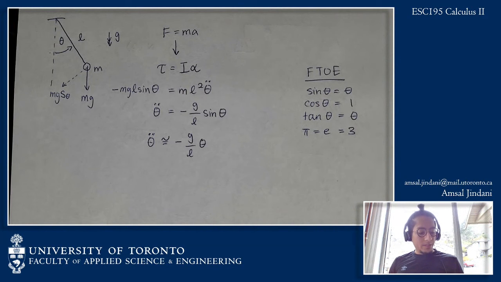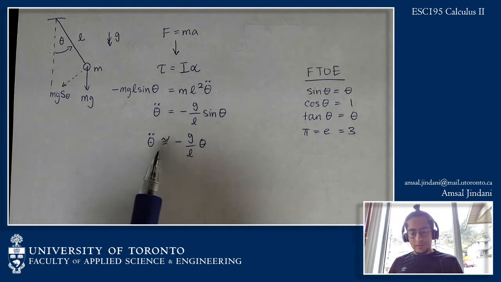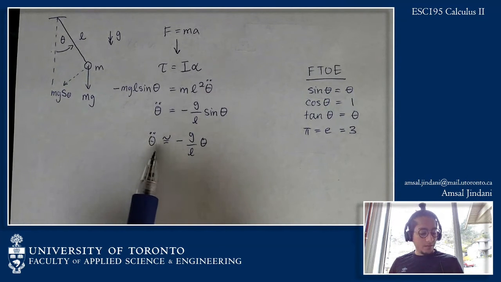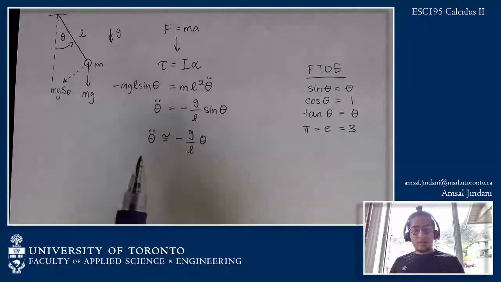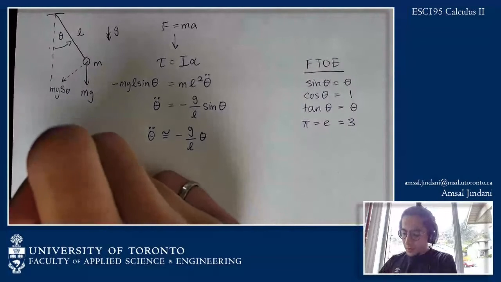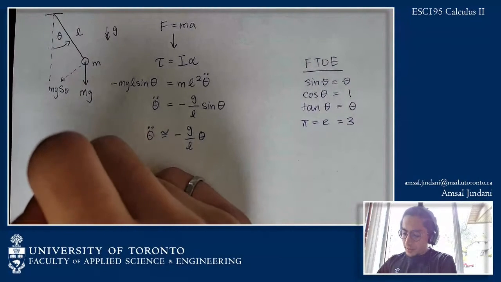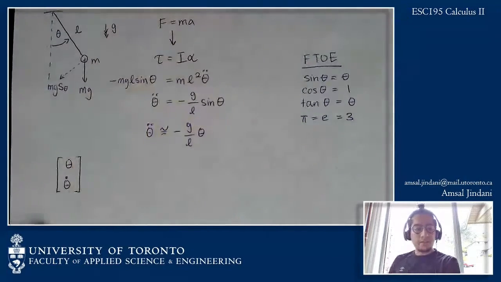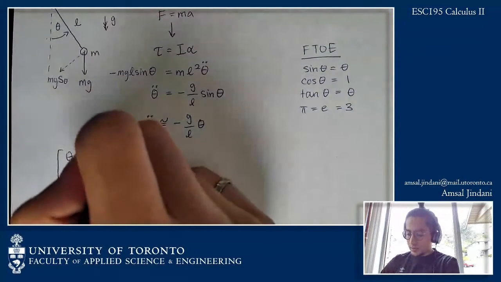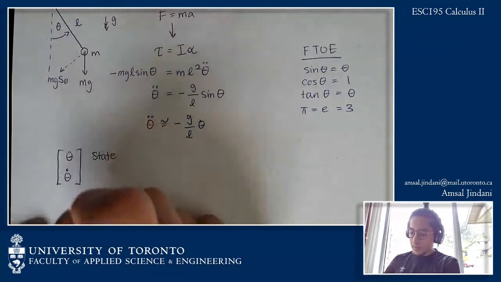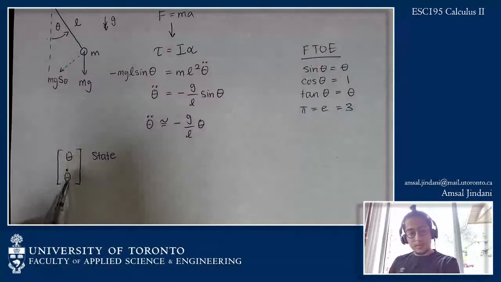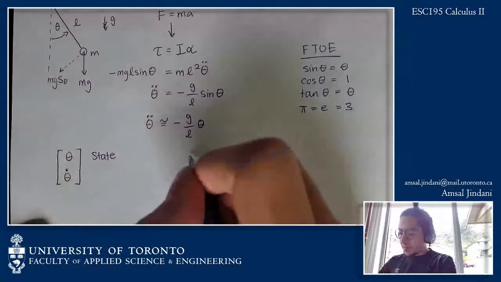And so what am I integrating? Well, in this case, since this is a second order differential equation, you see you have theta double dot here. What we have to do is track two variables. So we're going to be saving the angular position and the angular velocity of the system. So this is called the state. And we have access to both of these variables, okay?